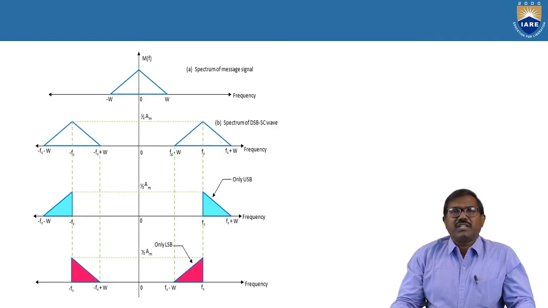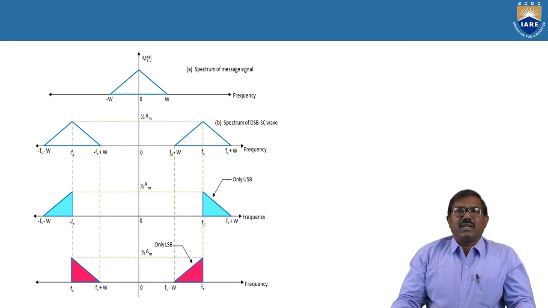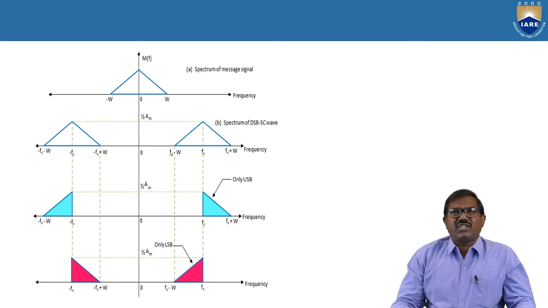You can see this picture. In the first picture, the message signal m(t) is shown in the frequency domain. We can call it the frequency spectrum M(f), the spectrum of the message signal, having the bandwidth -W to W. In picture B, we have the spectrum of DSB-SC, double sideband suppressed carrier, having both the upper sideband and the lower sideband.